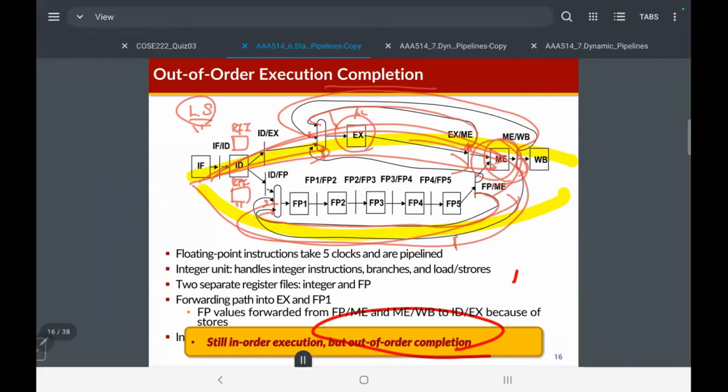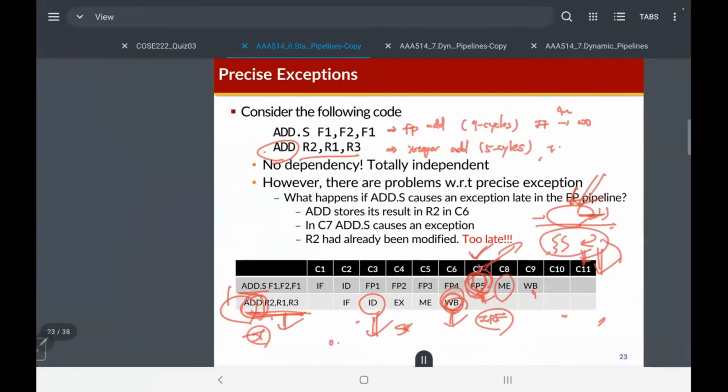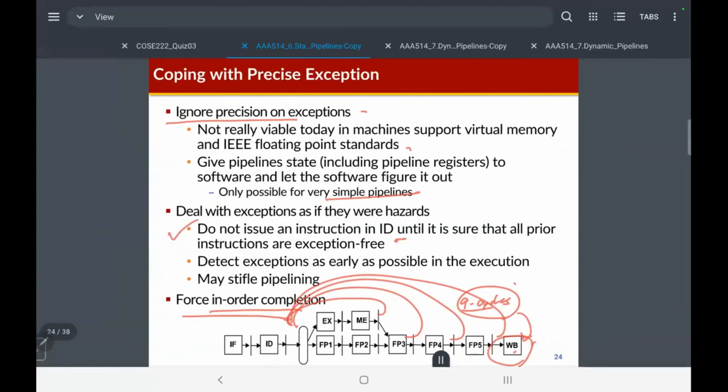So it's not easy to support precise exceptions. One option is to force in order completion in the pipeline architecture.